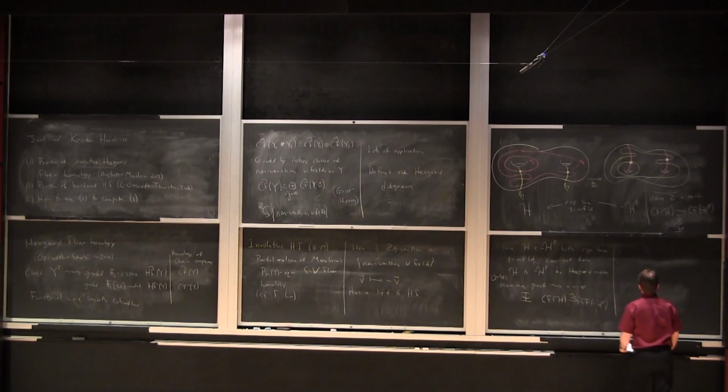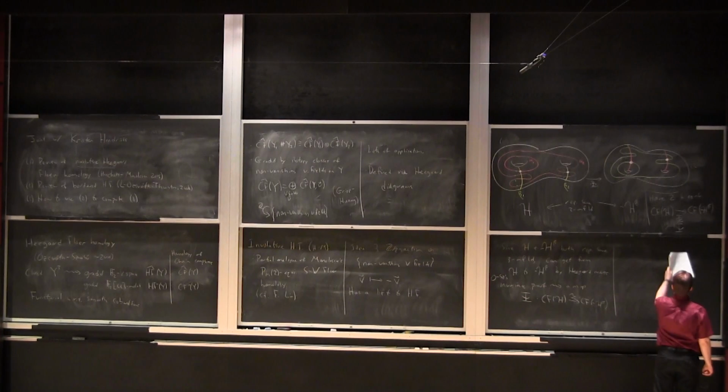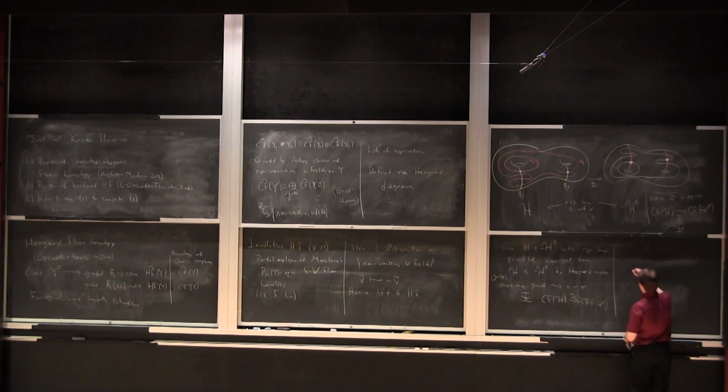Fine. So now I have two isomorphisms or homotopy equivalences between these complexes. So this gives me a map iota from CF of H to itself by just composing one with the inverse of the other.